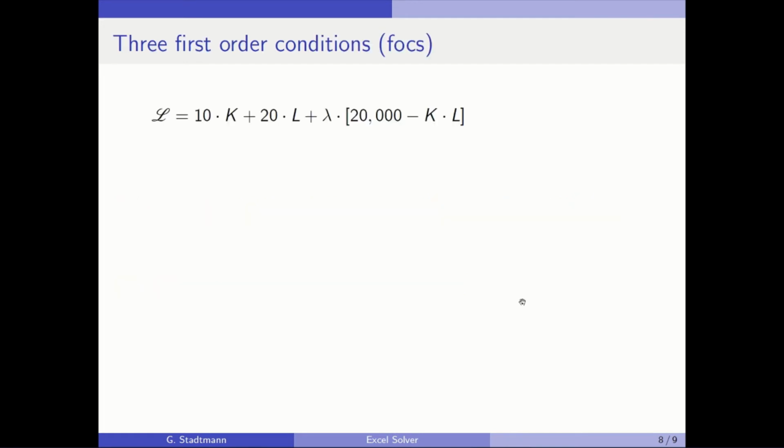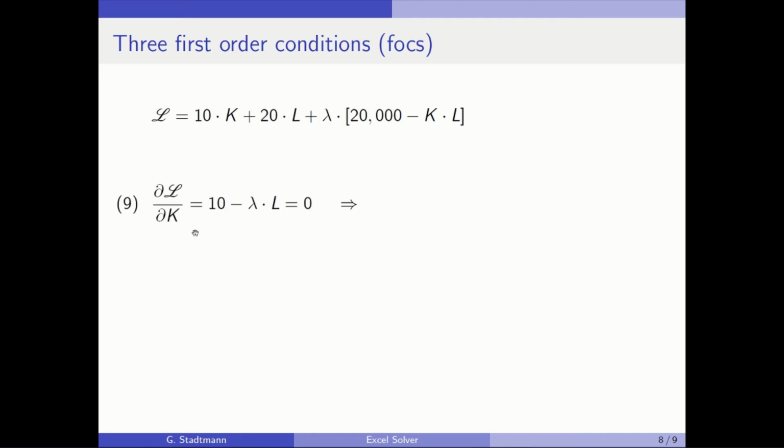Great, when we have the Lagrange function, we have to compute the three different first order conditions. When you look at this Lagrange function, we do not know K, we don't know L, and we don't know lambda. So we have to differentiate with respect to K, with respect to L, and with respect to lambda. Let's do that.